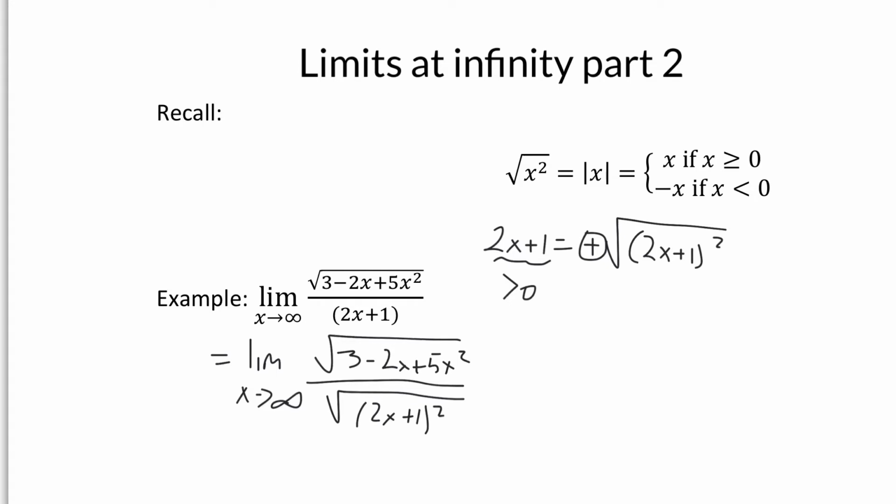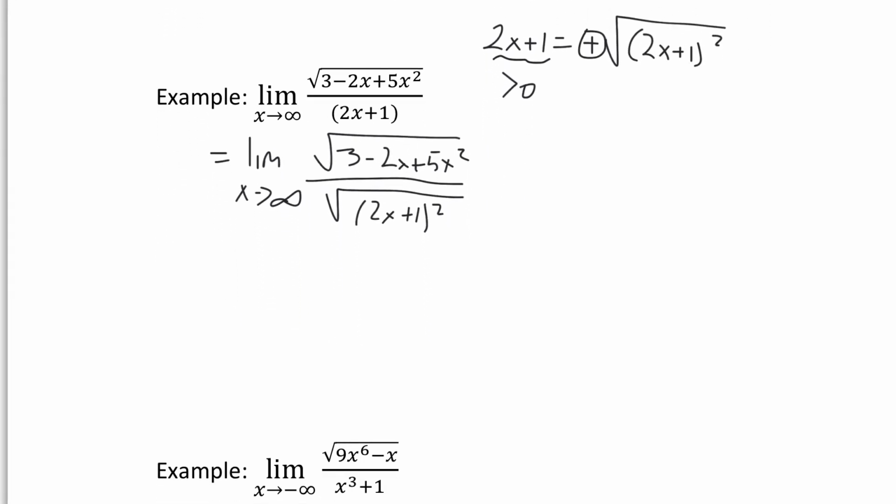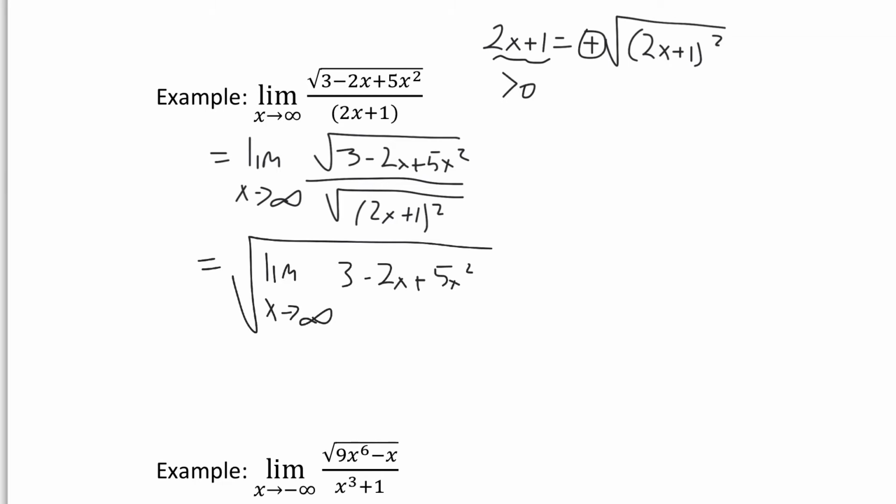All right, well, we remember that when you have the square root on the top and bottom of a fraction, we can take that all the way out. So we have the square root of the limit as x approaches infinity of (3 minus 2x plus 5x squared) over (2x plus 1) squared.